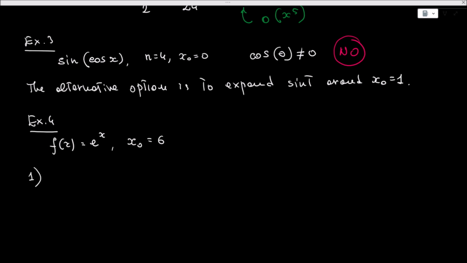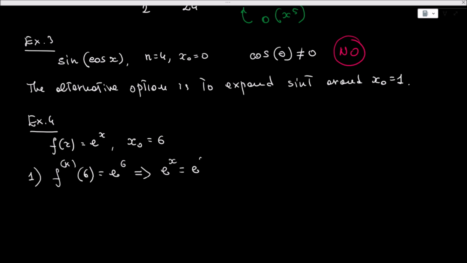Now, first thing is evaluating the derivative of order k at 6, which is simply e to the 6.